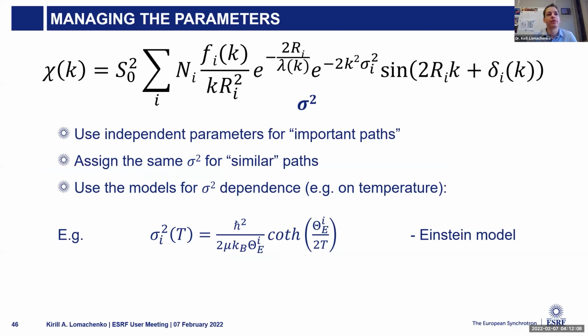Then sometimes there can be analytical expressions for particular paths, and sometimes you can use the models for dependence of sigma squared, for example, on temperature. Like here, it's an Einstein model, which shows you the dependence of the Debye-Waller factor on temperature.